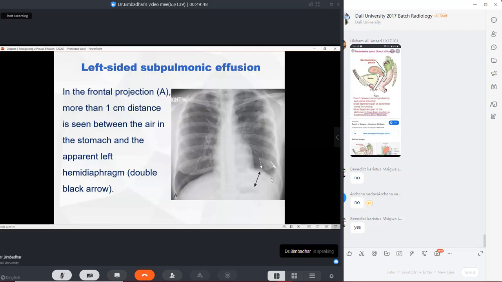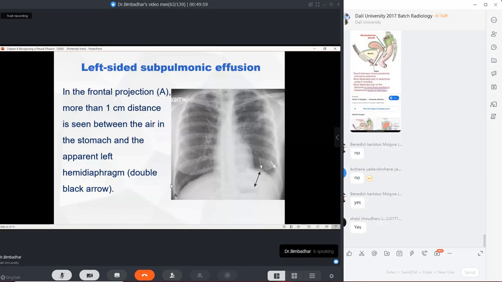Yes or no? Yes? And the other thing, I can also see that the lateral border of the diaphragm is also obscured. Yes? Right? So by this I can understand this is a pleural fluid.